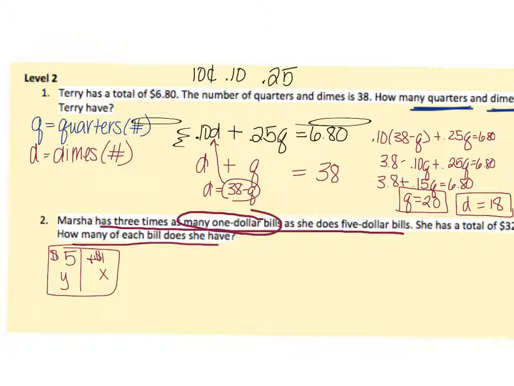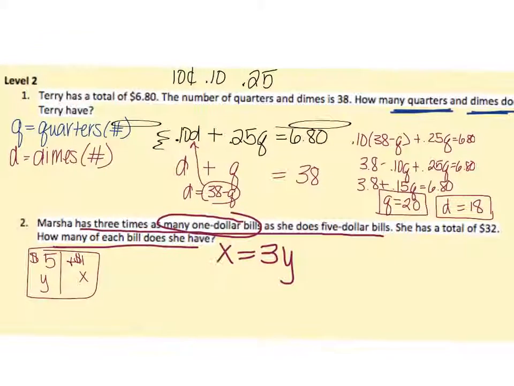So X equals 3 times the $5 bills, Y. Think about which variable or item has more, and then kind of do the opposite. If it says 3 times as many $1 bills, you multiply the 3 times the $5 bills to make it even. We'll keep working on those, but always try to think backwards when those come up.